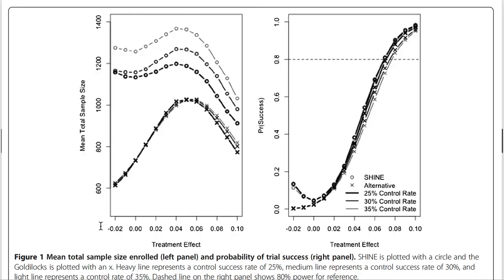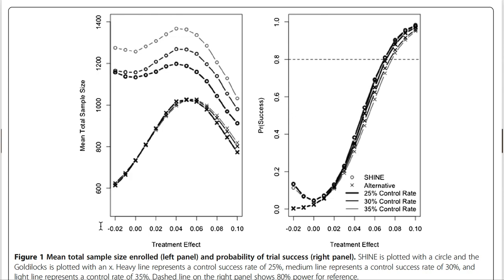And you can see here a side-by-side plot. On the left plot is the mean of total sample size, with X being the Goldilocks plot and the circle representing the SHINE plot. And the heavy line represents a control success rate of 25%.